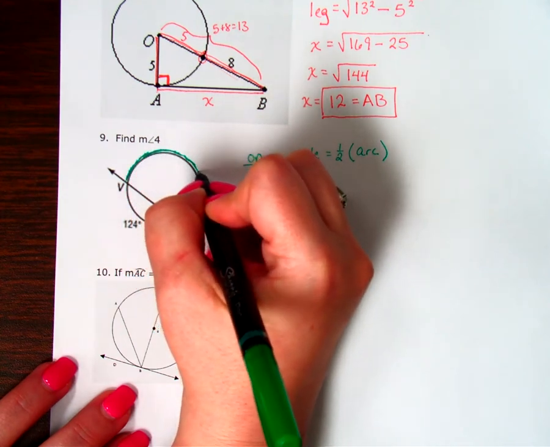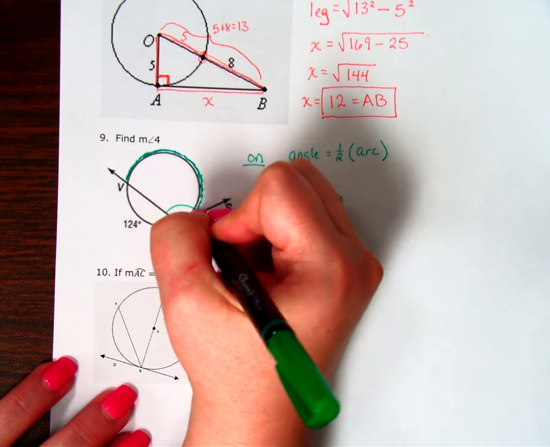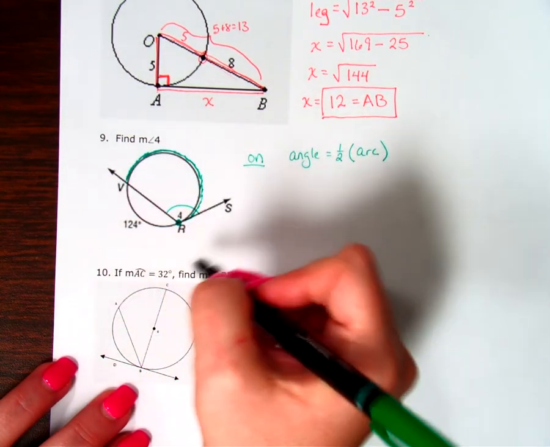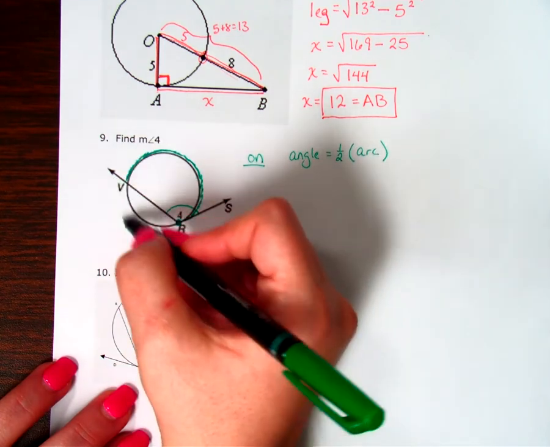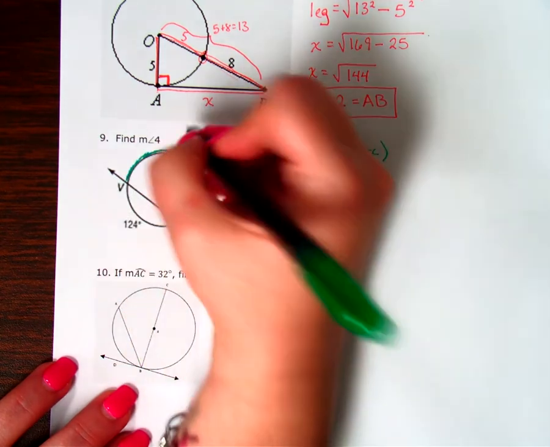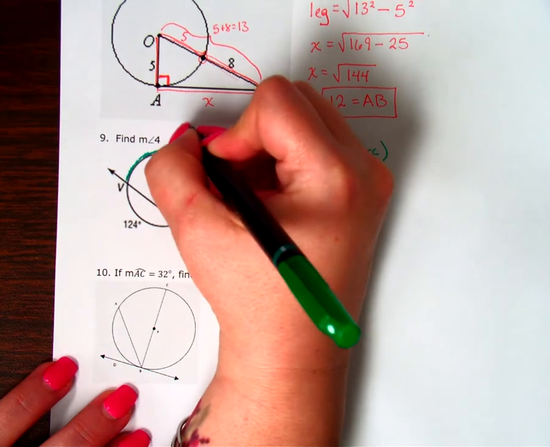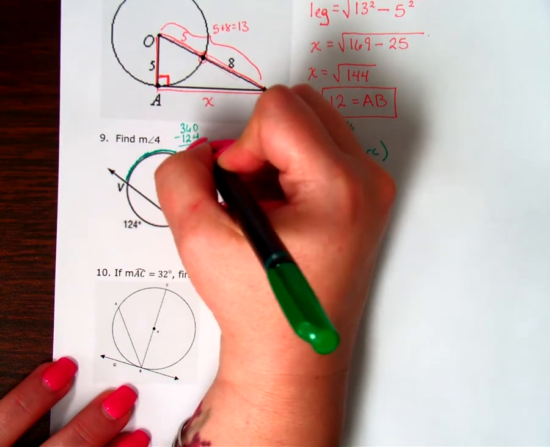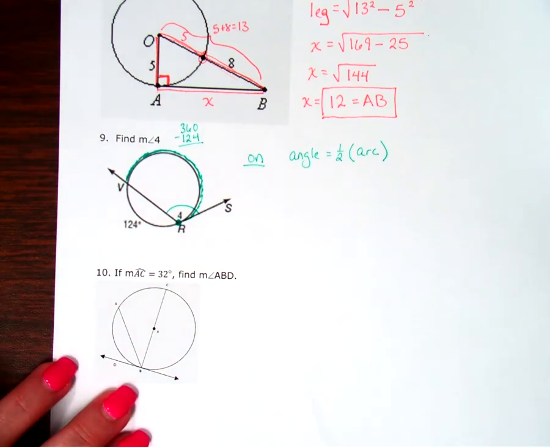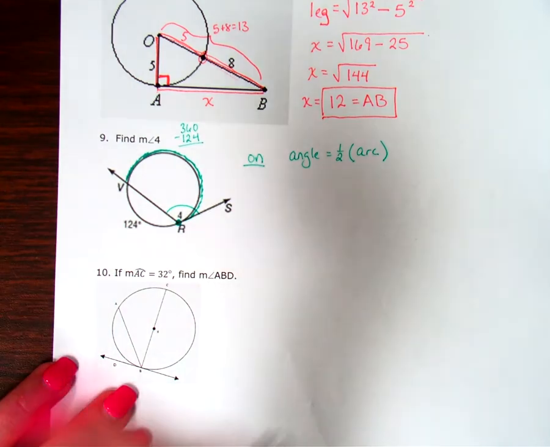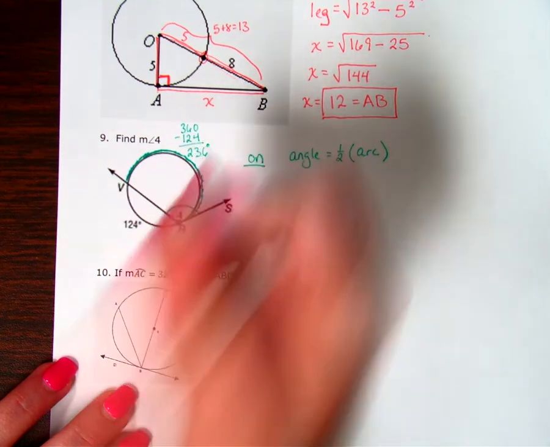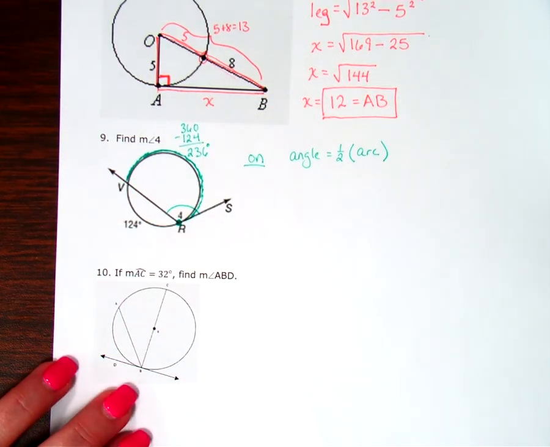So I have to figure out first, how big is this arc so that I can put it in this formula. I know all the way around the circle is 360, and I know I've used 124 degrees here, so to find the green arc, I'm going to take 360 and subtract 124. So 360 minus 124 leaves me with 236 for the measure of this arc.